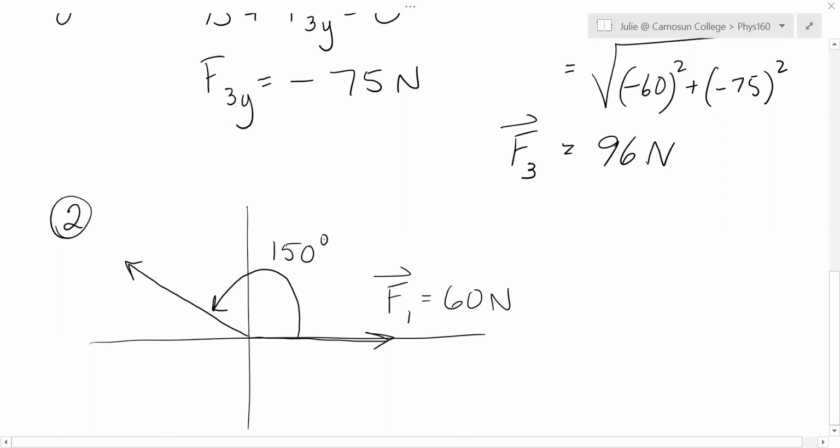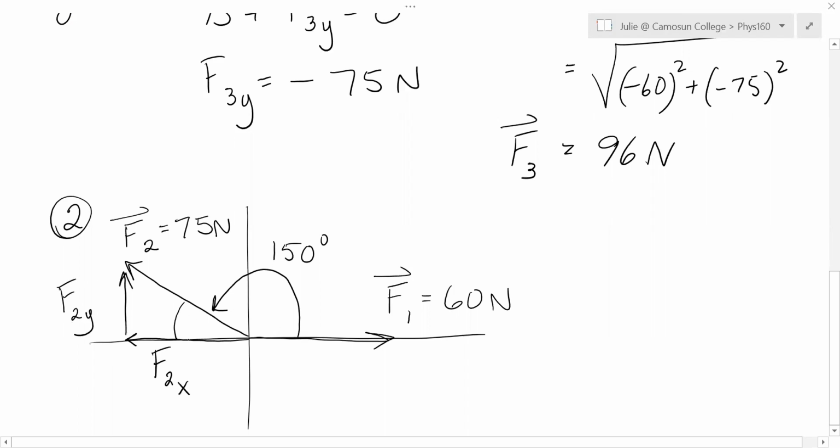Now your calculator would understand that if you wanted to put that in, but I don't really recommend you do that because you might goof it up. So you're much better to draw it and use this interior angle here, because then you can look and you can see there's the x component for F2 and there's the y component for F2.